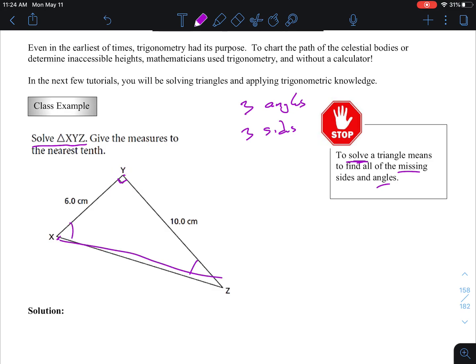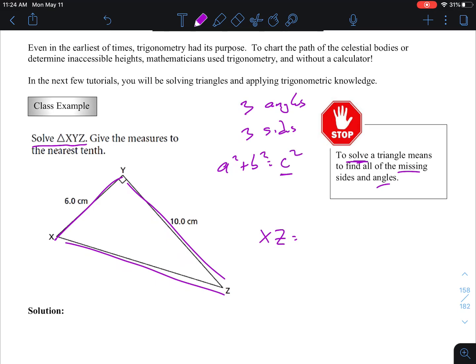So that being said, since we don't have any information, what could we do here? Right off the bat, I have a right angle triangle where I know 2 out of the 3 sides, and Pythagorean theorem is still a thing. If I want to determine the side length of XZ, a squared plus b squared equals c squared, remembering that my hypotenuse is always c.